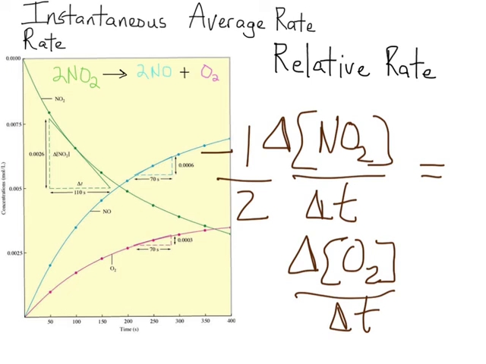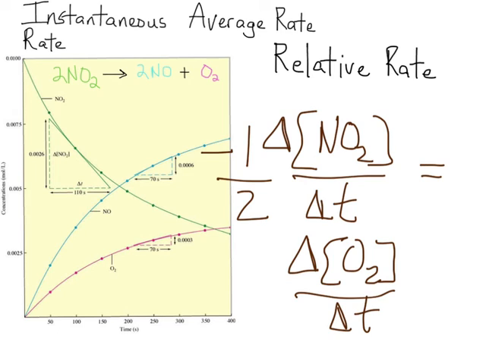And this is important because in chemical experiments, we don't always have the ability to monitor all of the ingredients of a reaction. Maybe I have an oxygen sensor so I can detect how fast the O2 is growing in, but I don't have a way of directly accessing the concentration or pressure of the nitrogen dioxide. But thanks to an average rate, relative rate statement, I can equate the two.